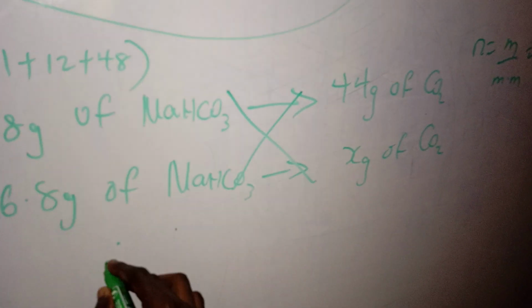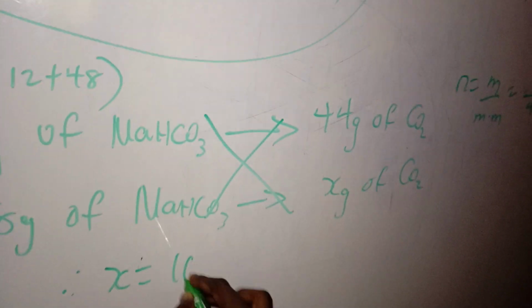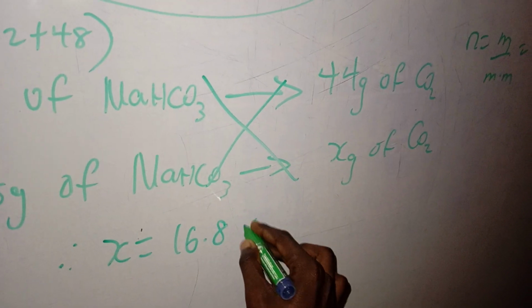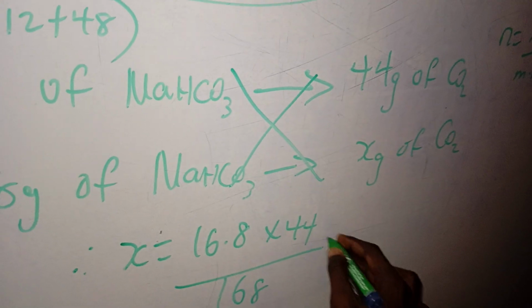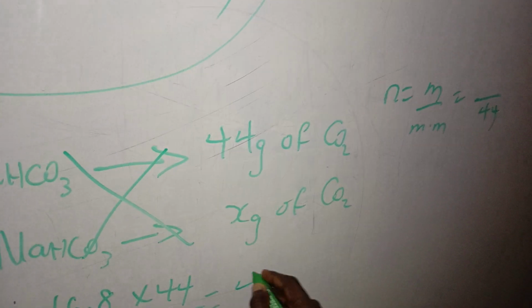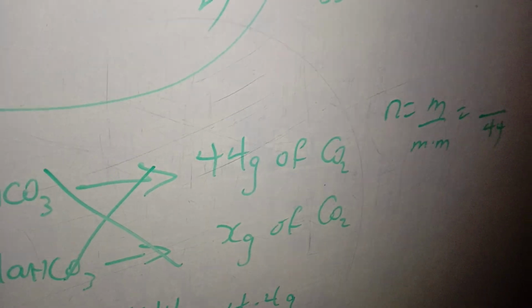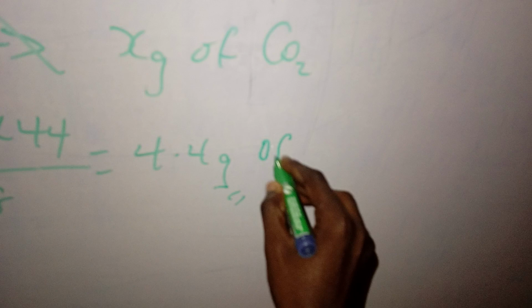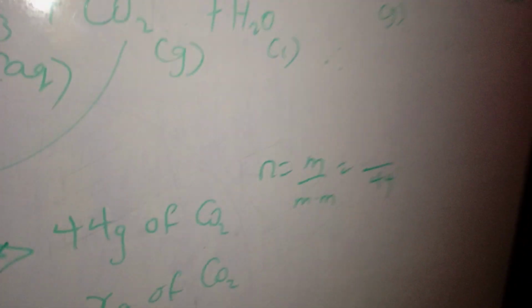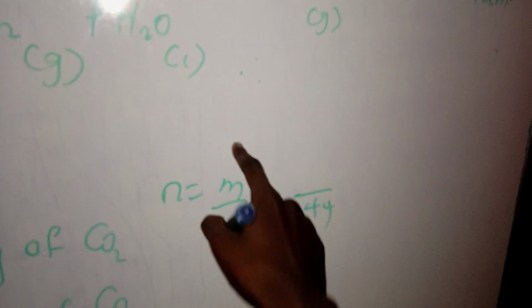So therefore x is going to be equal to 16.8 times 44 over 168. This is 0.1 times 44. That should give us 4.4 gram of CO2. So I now come back here. Number of moles is equal to mass over molar mass.